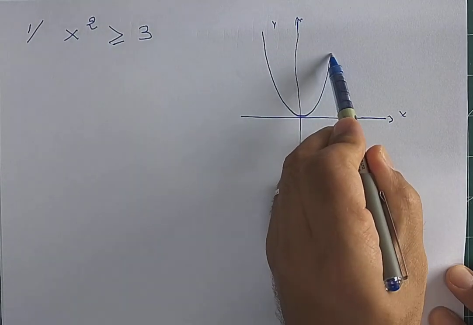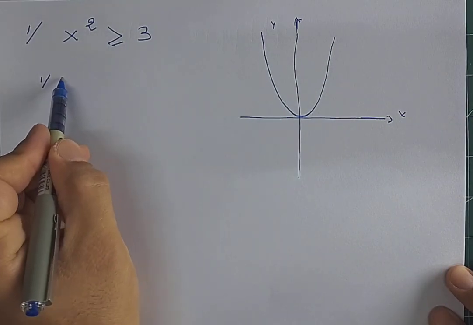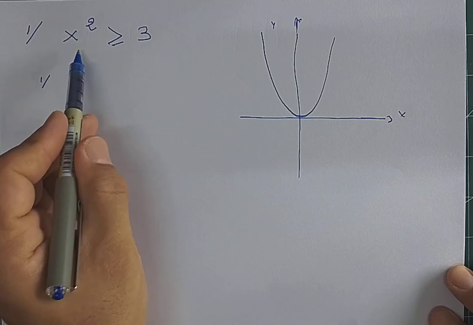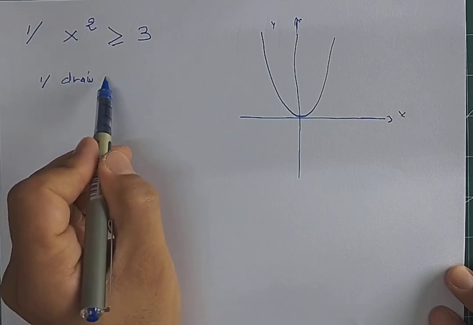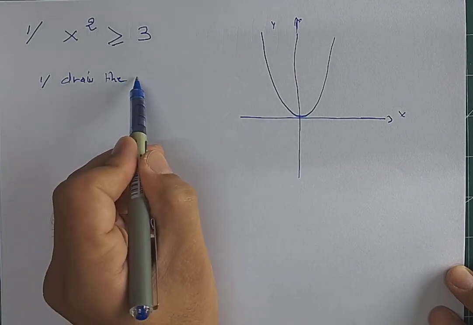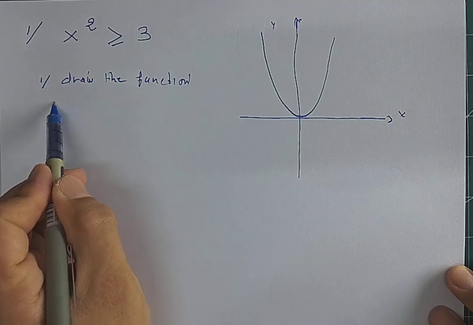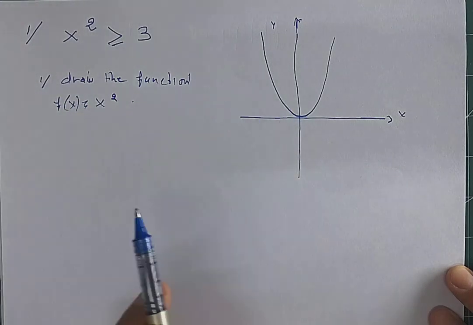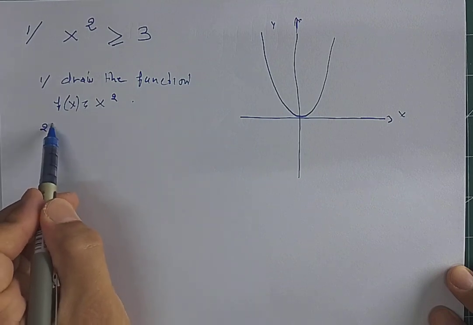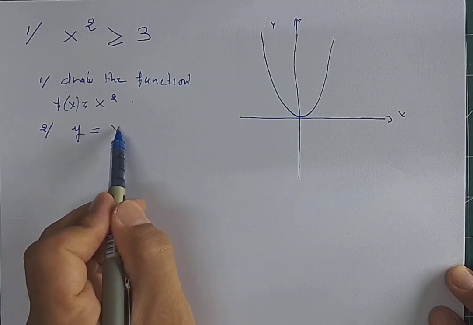So first, I draw the function f(x) equals x squared. It is easy here. So second step, I also draw y equals 3.